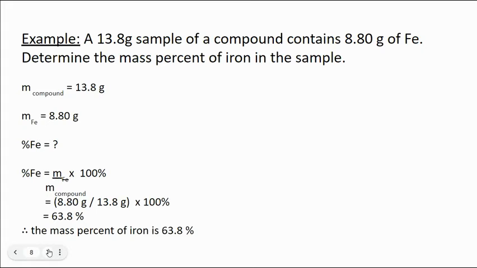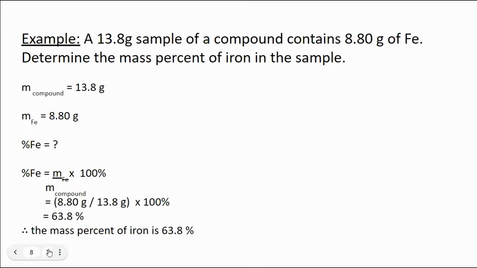Okay, so let's give you a quick example. Let's say we have a substance, a compound. We have analyzed it and determined that the sample of this compound that I've taken, which is unknown, is 13.8 grams. And later we determine that 8.80 grams of that total is iron.